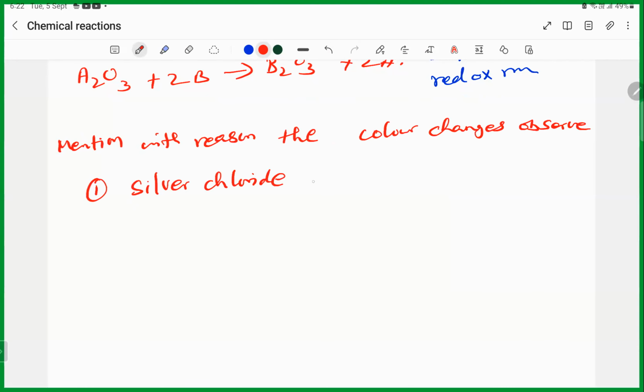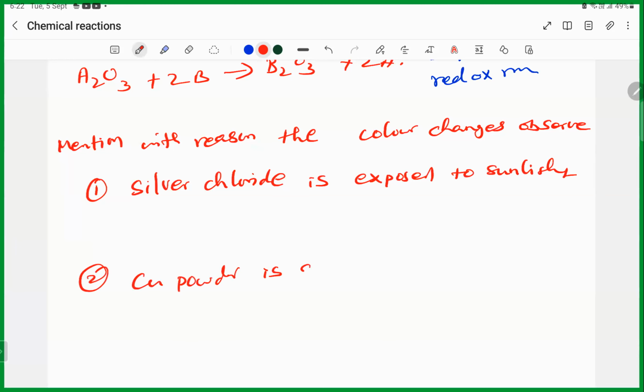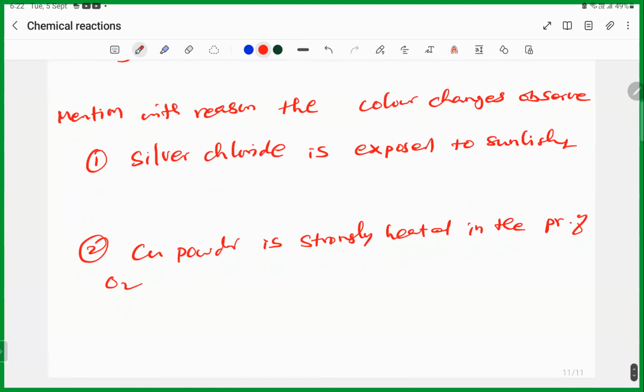Silver chloride is exposed to sunlight. Number 2. Copper powder is strongly heated in the presence of oxygen. Number 3.